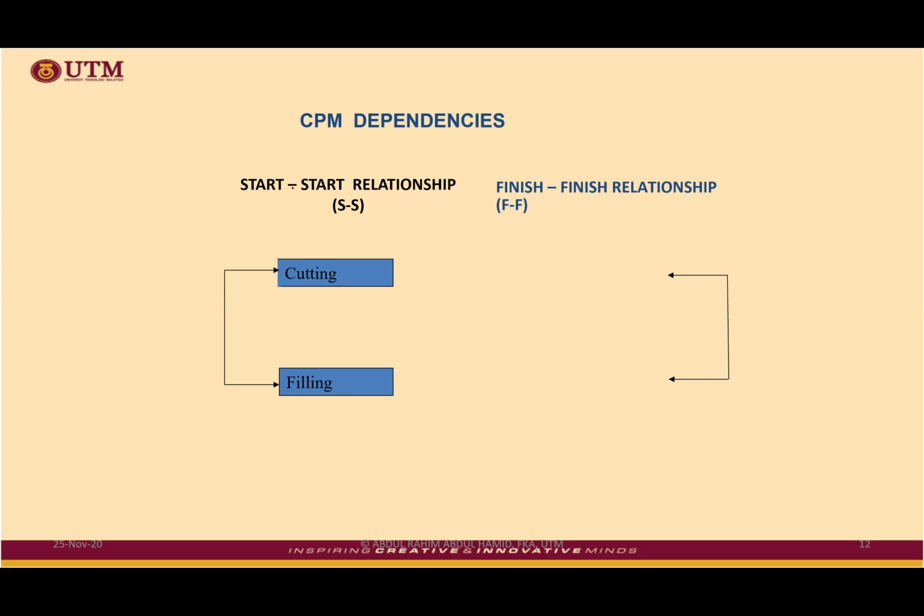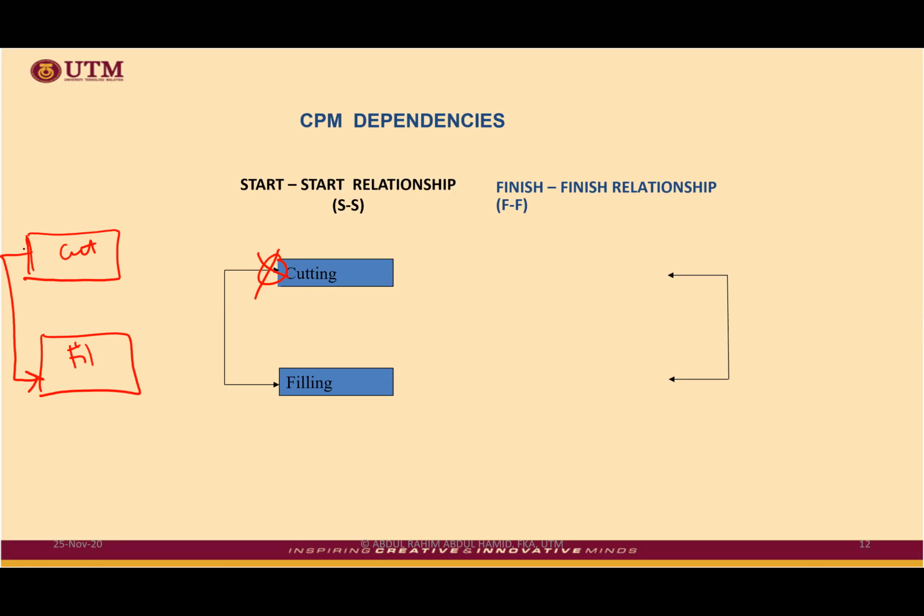But in this diagram, you notice there is a wrong way of drawing arrows. There are two activities, cut and fill, running at the same time. So for start to start, you have to draw something like this.